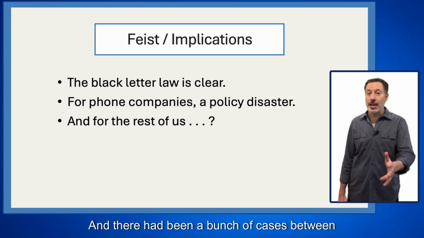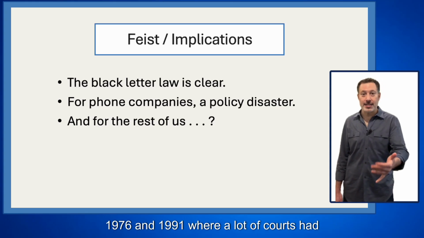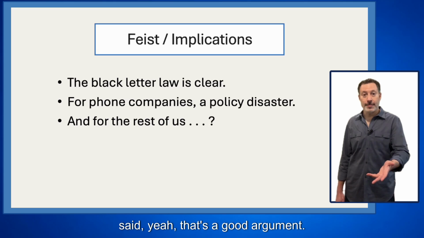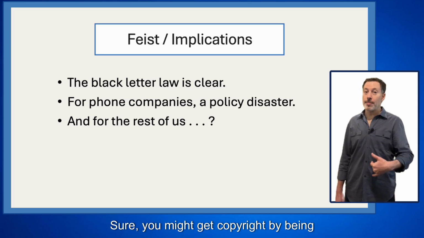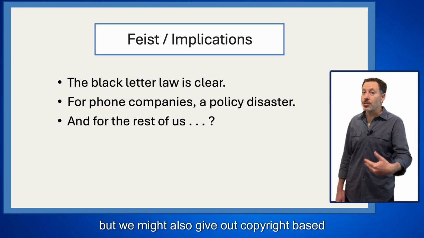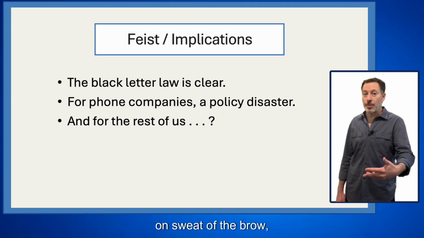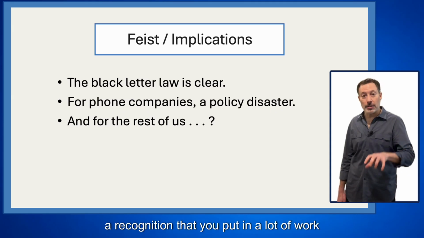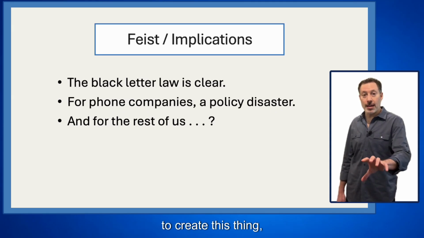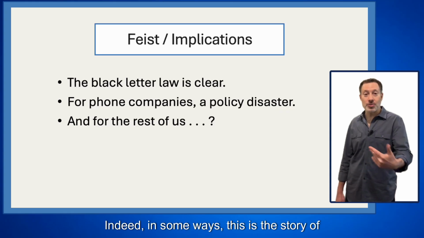And there had been a bunch of cases between 1976 and 1991 where a lot of courts had said, yeah, that's a good argument. Sure, you might get copyright by being creative, but we might also give out copyright based on sweat of the brow, a recognition that you put in a lot of work to create this thing, and it's vulnerable to copying.